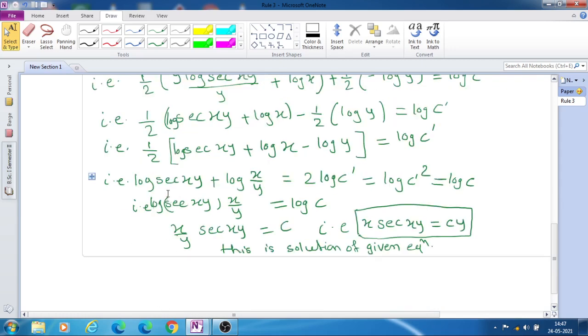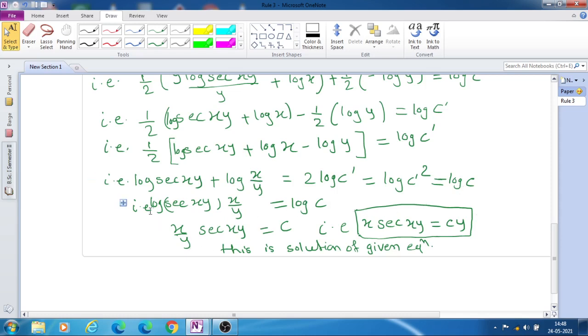So here this is log sec xy plus log x upon y is equal to log c. So addition of 2 logs means multiplication of these two terms, therefore log of sec xy into x upon y is equal to log c.